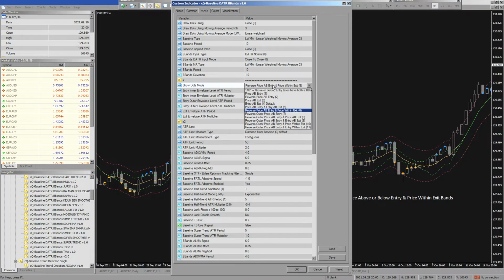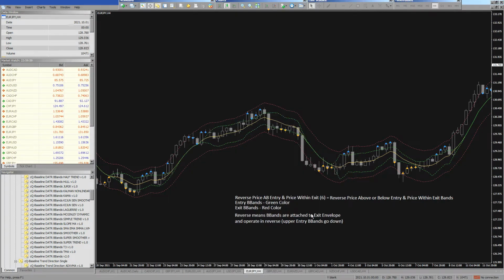This next one is another reverse one, reverse price, number 6. Reverse price, where price is above or below the entry, and then price is within the exit bands. And these are the exit bands, and the entry B bands are attached to this upper, and the lower one's attached to this bottom band.